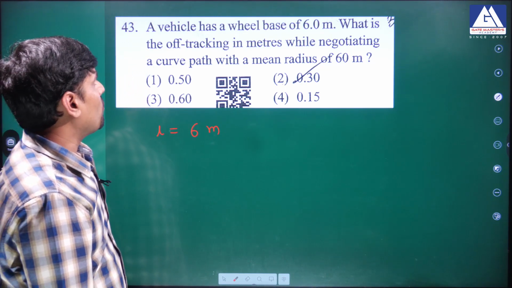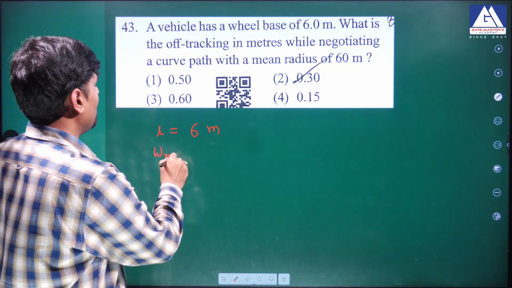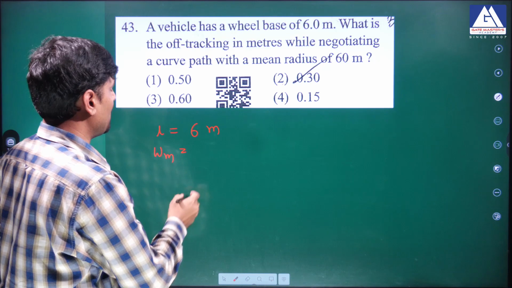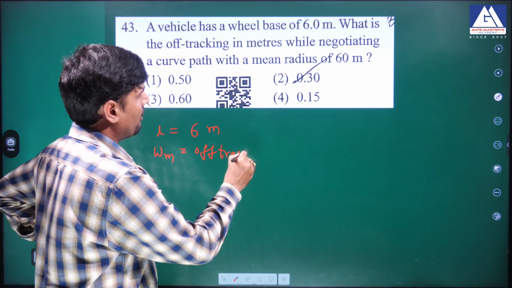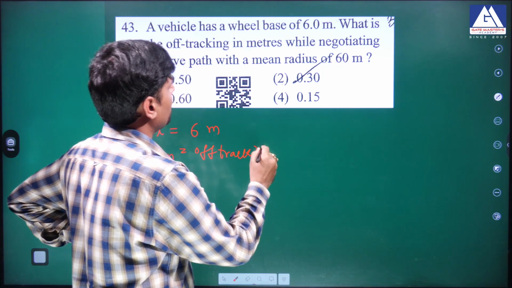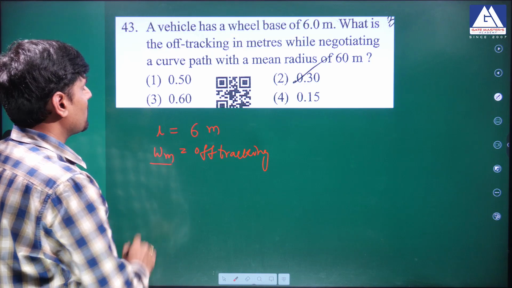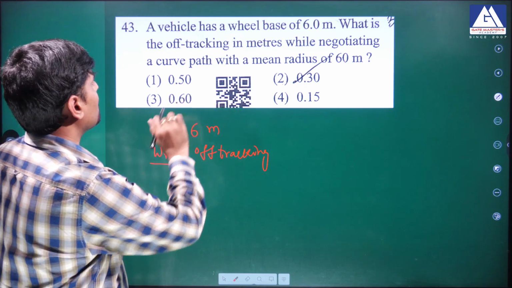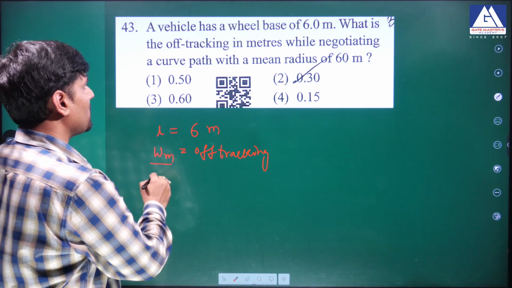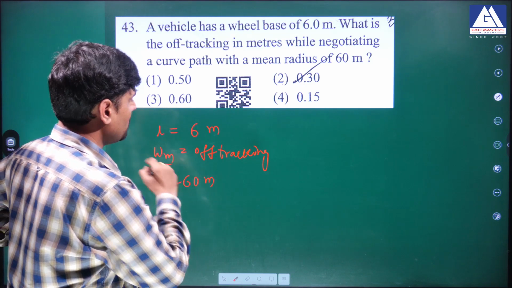What he is asking is the off tracking, which always indicates the mechanical widening. So Wm is the off tracking of a vehicle. He is asking the mechanical widening of a section while negotiating a curved path with a mean radius of 60 meters.